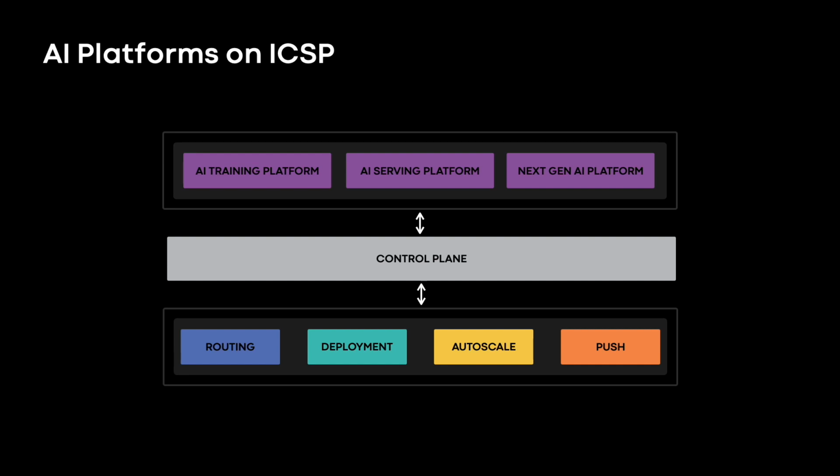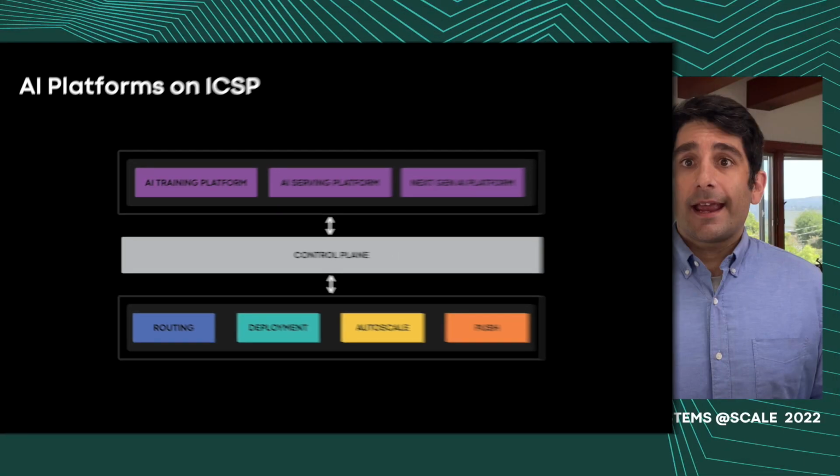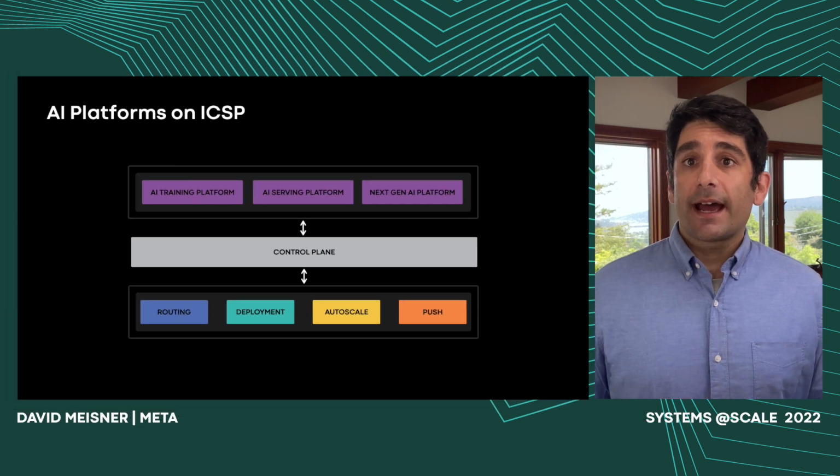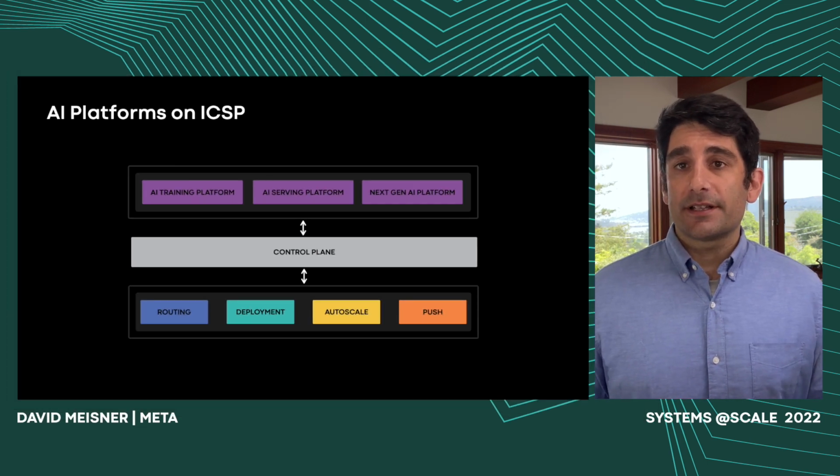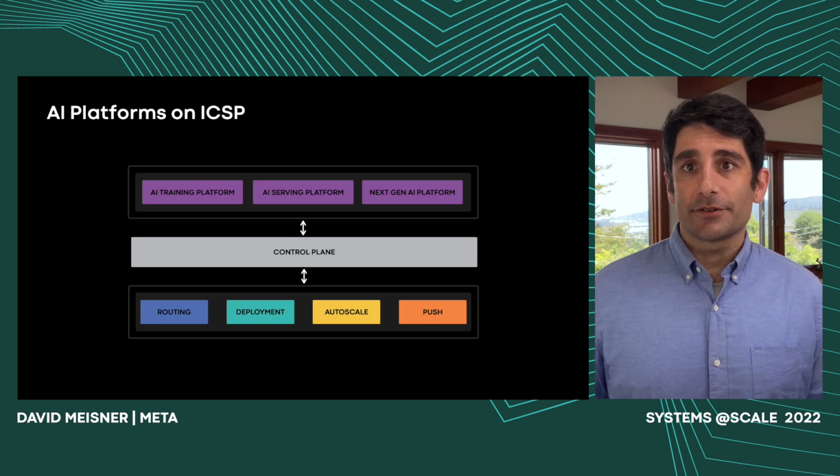Finally, we can talk about how AI platforms can layer on top of ICSP to enable new platform applications. So we'd like in the future to be able to use platforms like AI training, serving, or even AI platforms we haven't thought of yet, and give an automation pathway into ICSP to allow these platforms to also actuate the same service management capabilities underneath.